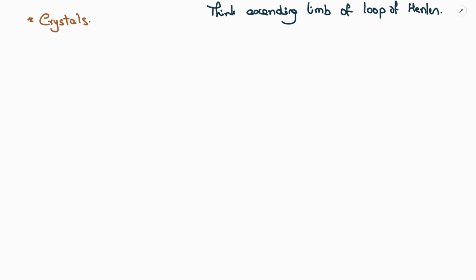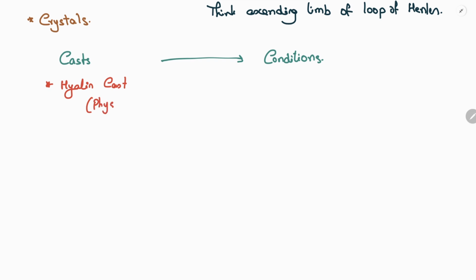Now let's discuss some of the cases in which you can see different types of casts and conditions. First one is hyaline cast. This is physiological.